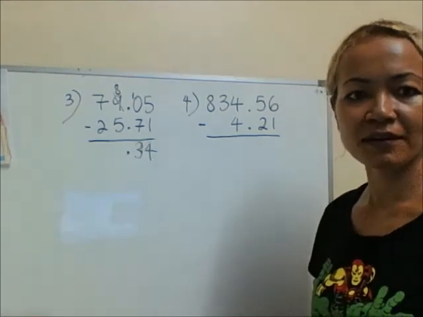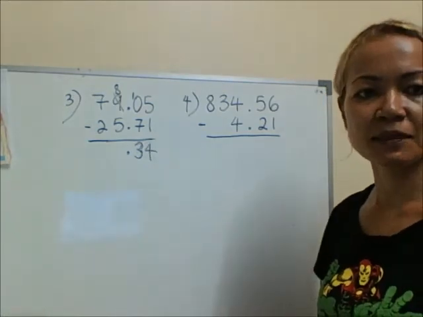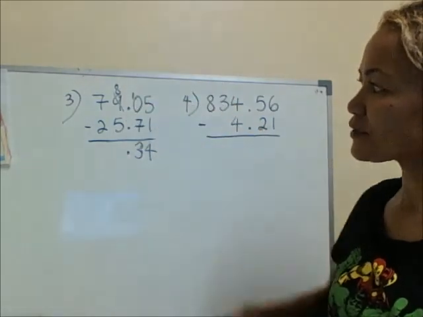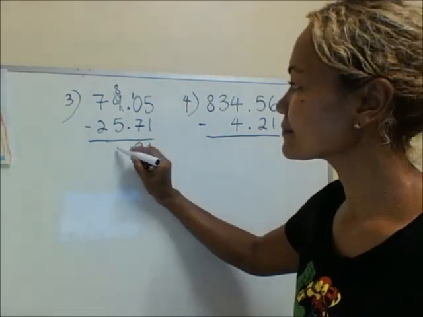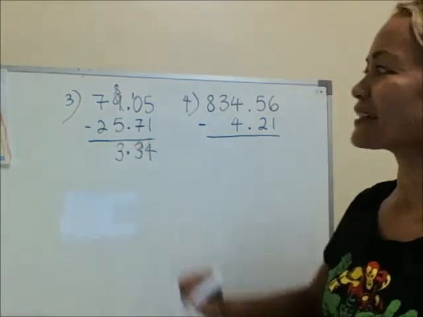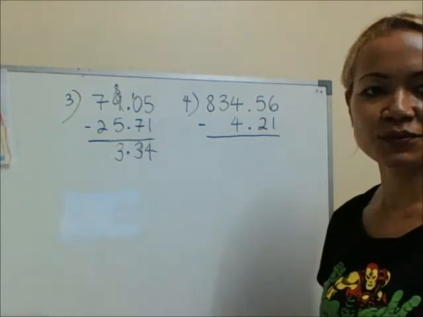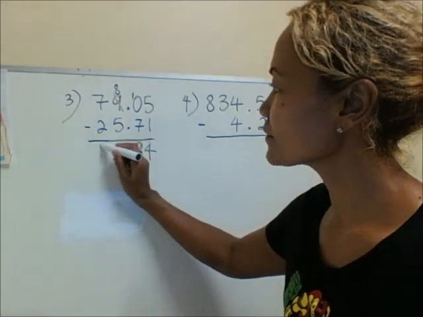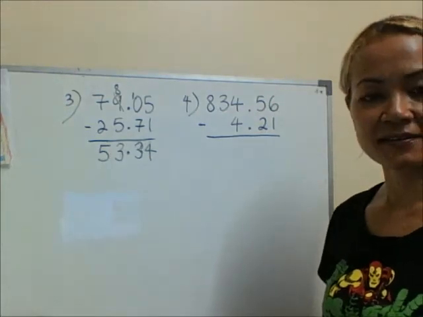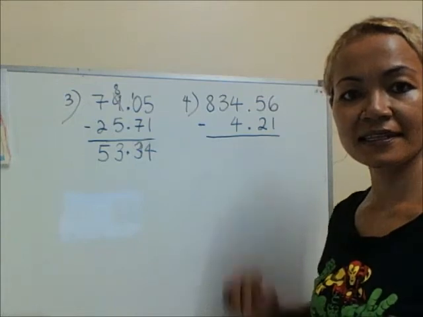You put a 0 there to mark very clearly where the decimal point is. You've got 8 there now, minus 5 is equal to 3. And 7 minus 2 is equal to 5. And there's your answer.